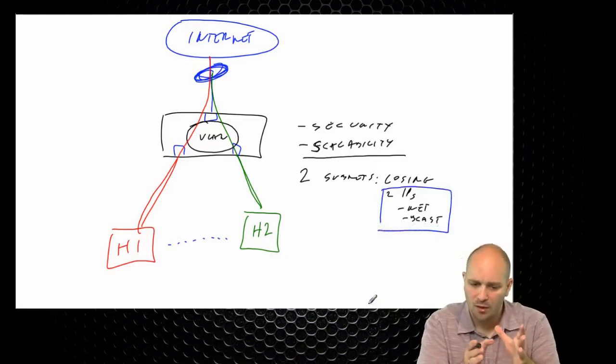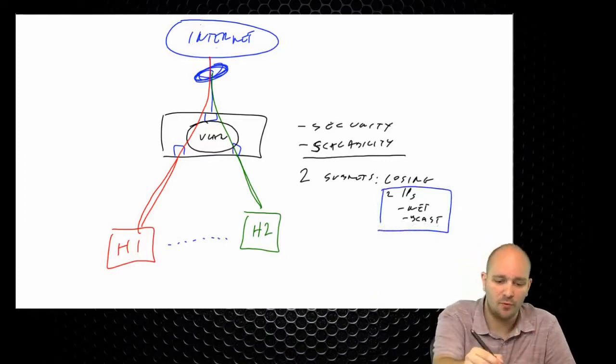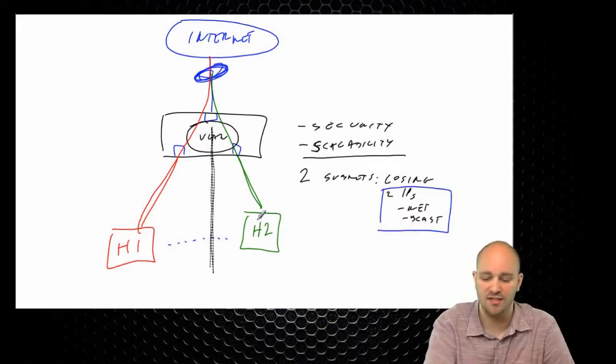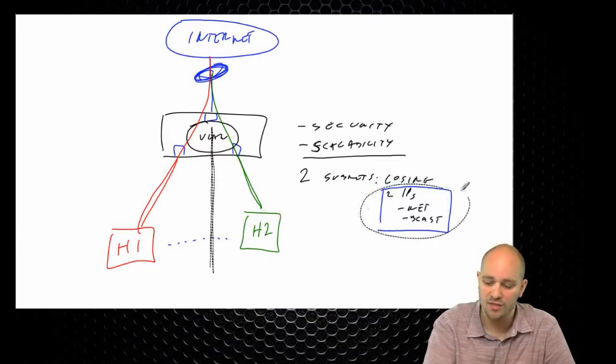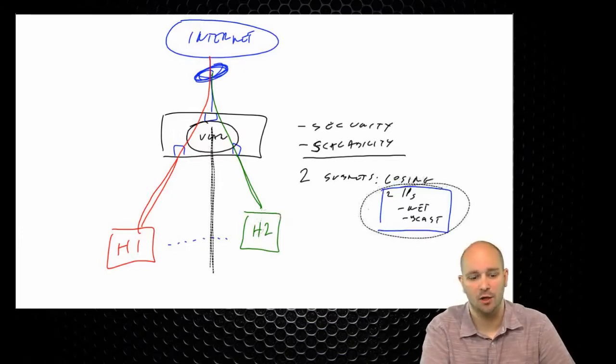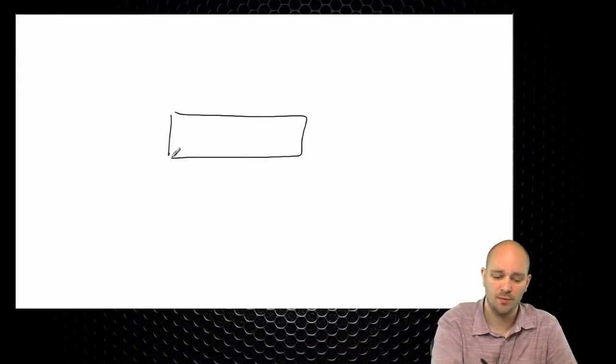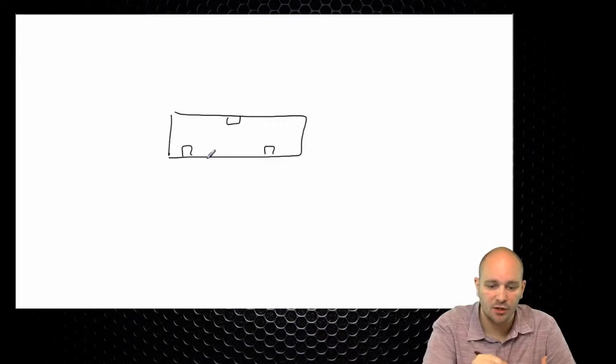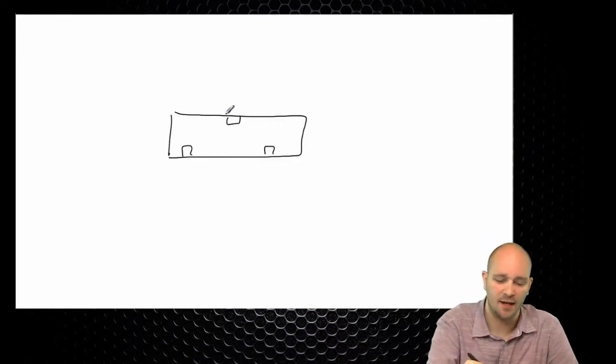So now, wouldn't it be a better idea to provide some sort of layer 2 isolation between these hosts while still keeping them on the same subnet, actually losing this overhead here? The first feature that Cisco came up with to support this kind of segregation inside the same VLAN was something called protected ports.